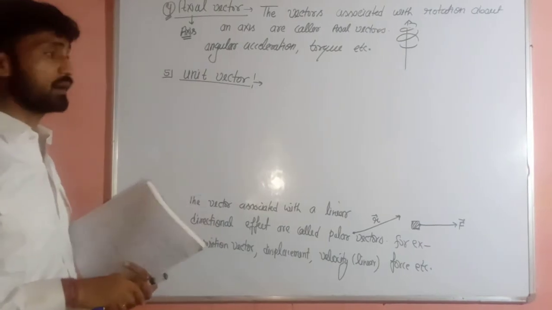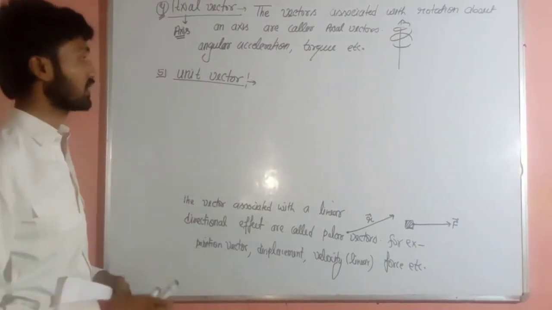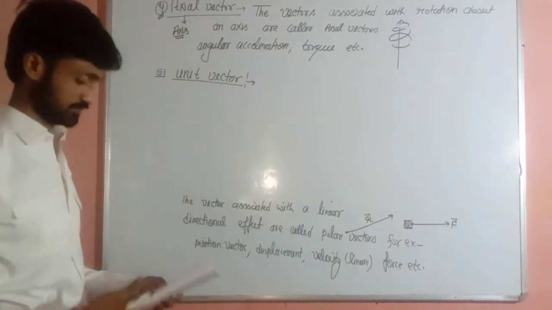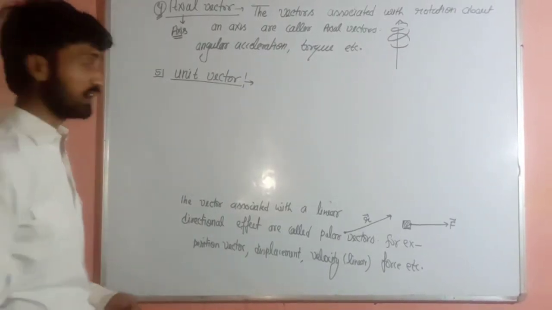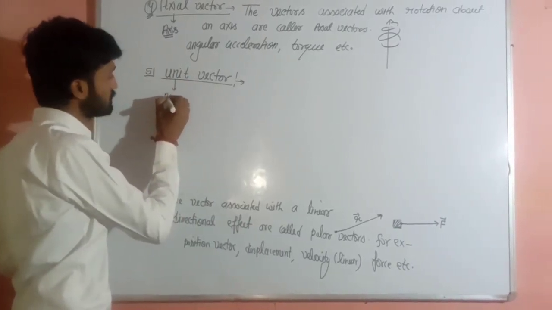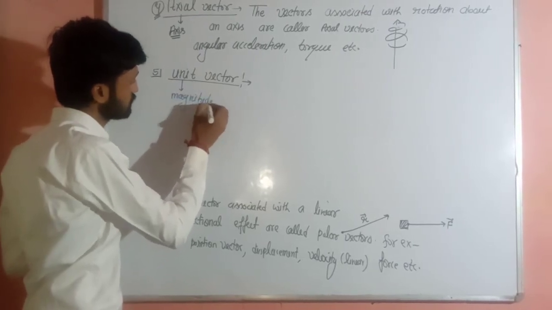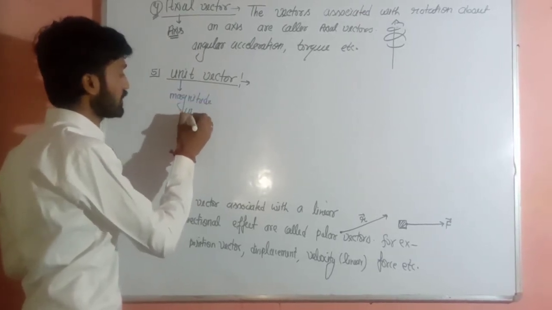Unit vector is nothing but that vector which has magnitude 1. Magnitude is unity.